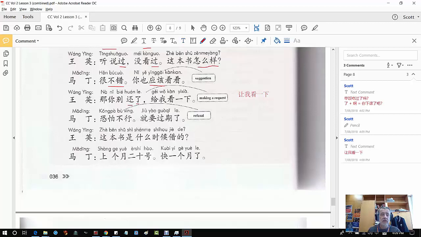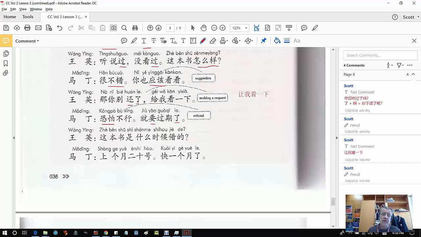So then Ma Ding goes on and says, 恐怕不行. And we saw that in the word list, and it means, yeah, I'm afraid that's not possible. 不行, that's not going to happen. And now we've got the reason. 就要过期了. So again, we saw this in the last lesson, the 要 and the 了, which go together, which means something is about to happen fairly soon, fairly immediately.